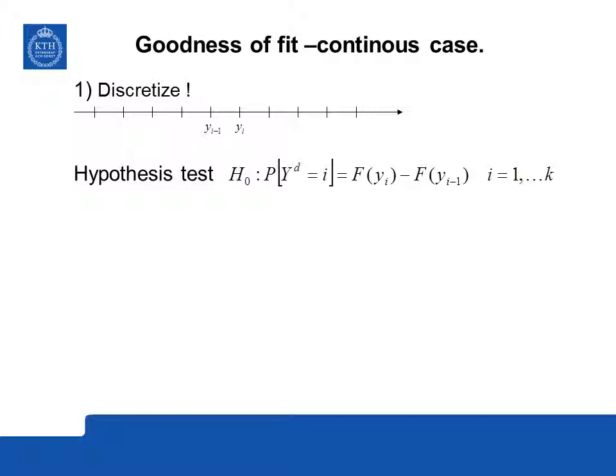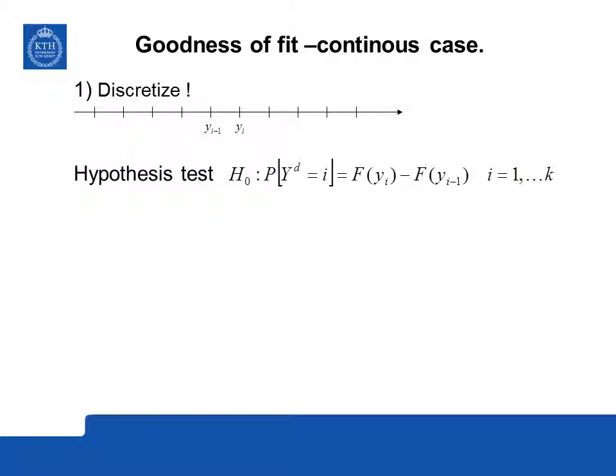And you do it the same way as in the discrete case. Then you count the number of occurrences of the random variable in the different bins, so you get a histogram, and then you do the chi-square test as in the previous example.